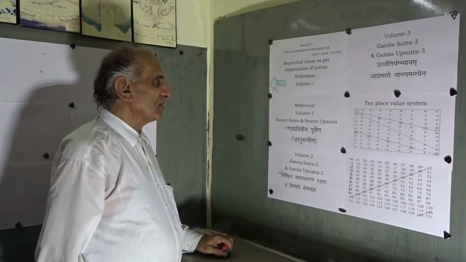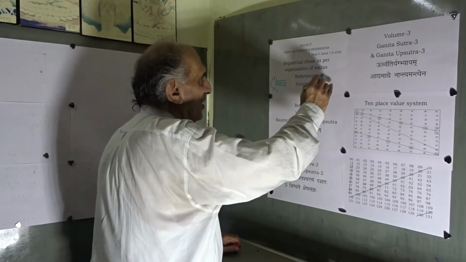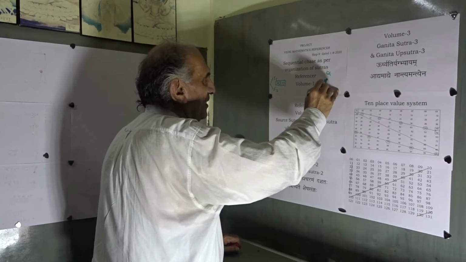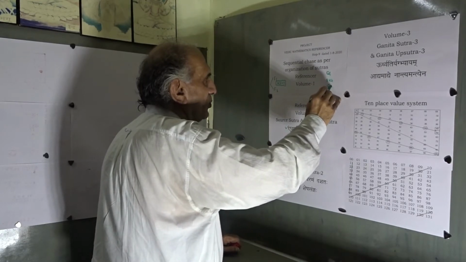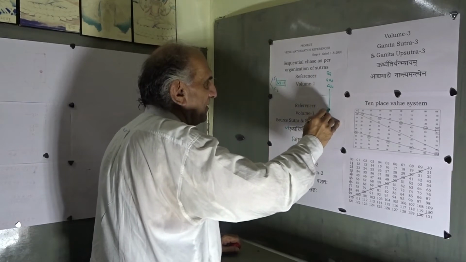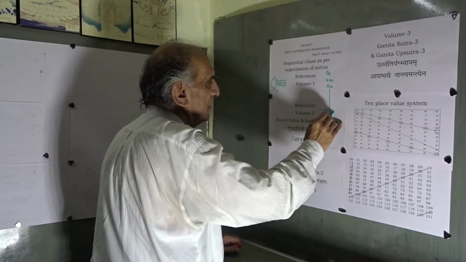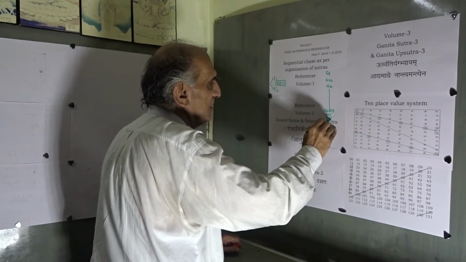The text of Ganita Sutras and Upsutras in integrated format means starting with Ganita Sutra-1, then Ganita Upsutra-1, Ganita Sutra-2, and like that, reaching up till Ganita Upsutra-13, and then Sutra 15 and Sutra 16.